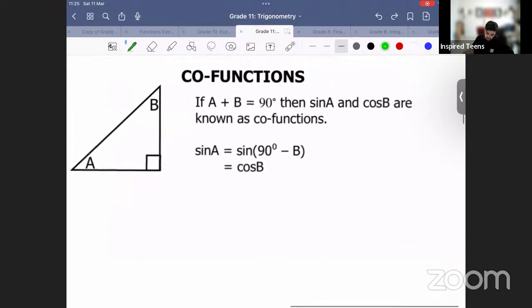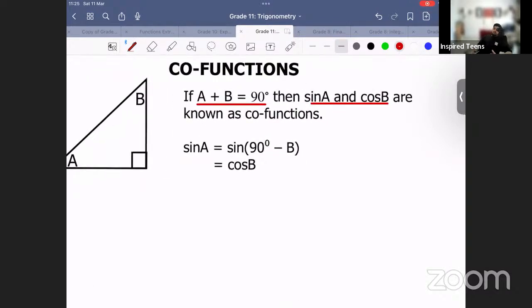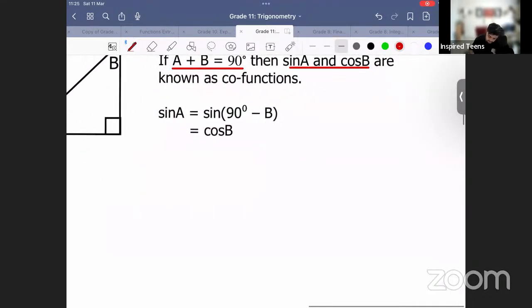Let's talk about co-functions quickly before we continue with reduction. If a plus b is equal to 90, then sine a and cos b are known as co-functions. Sine a is equal to sine of 90 minus b, which is cos b. That's a reduction, that's fine.